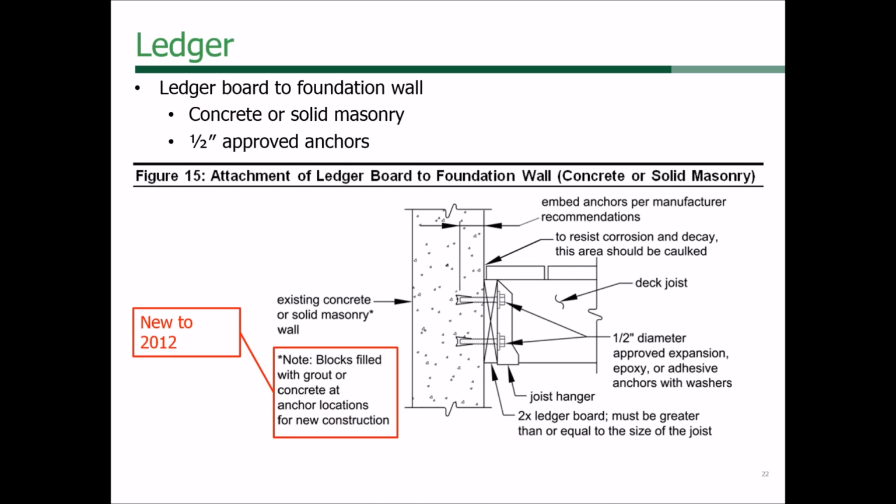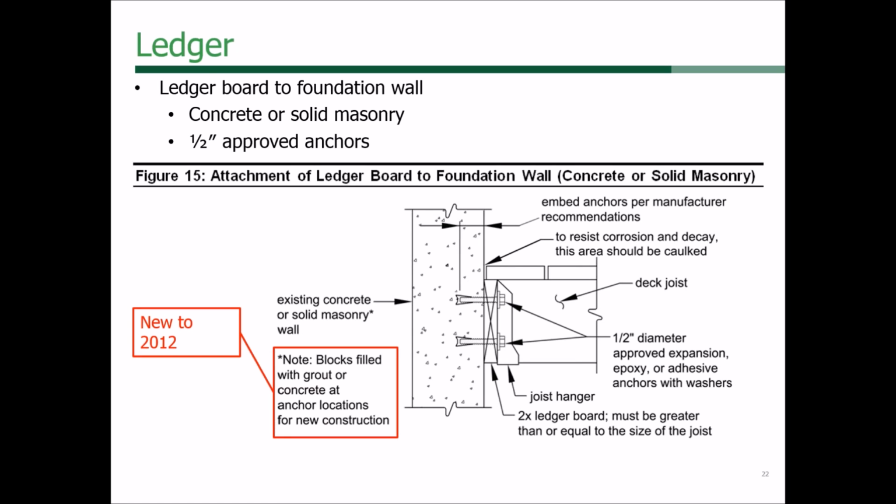So moving on, DCA6 has a very similar image detail to the IRC, but this is one that's a little different from the IRC, and that is we have details on how to connect it to existing concrete or solid masonry. And one of the important notes that was changed in the 2012 is right there in red.